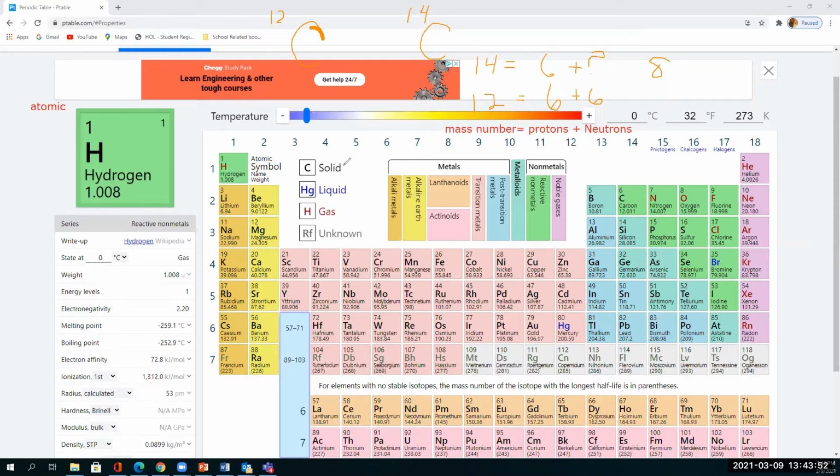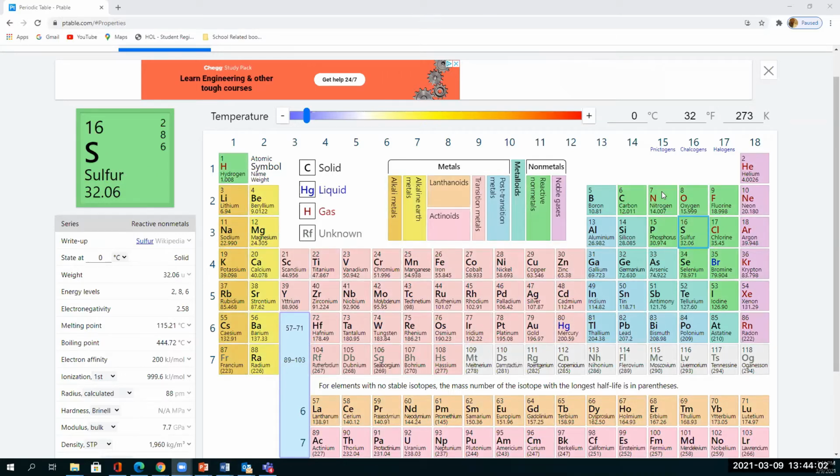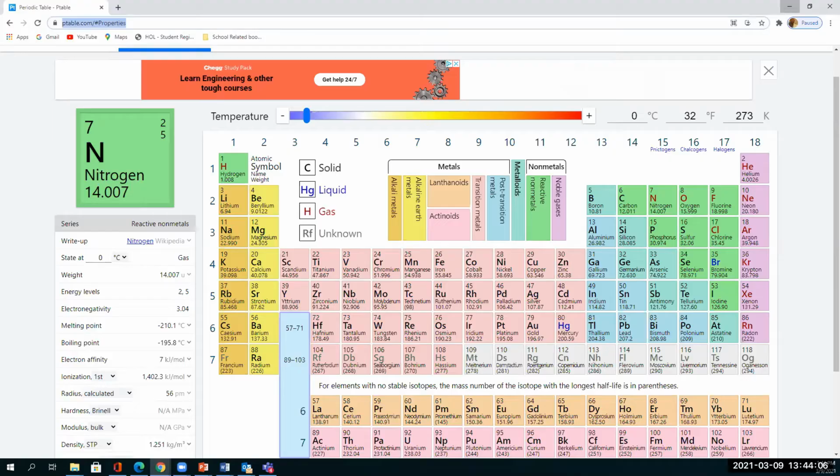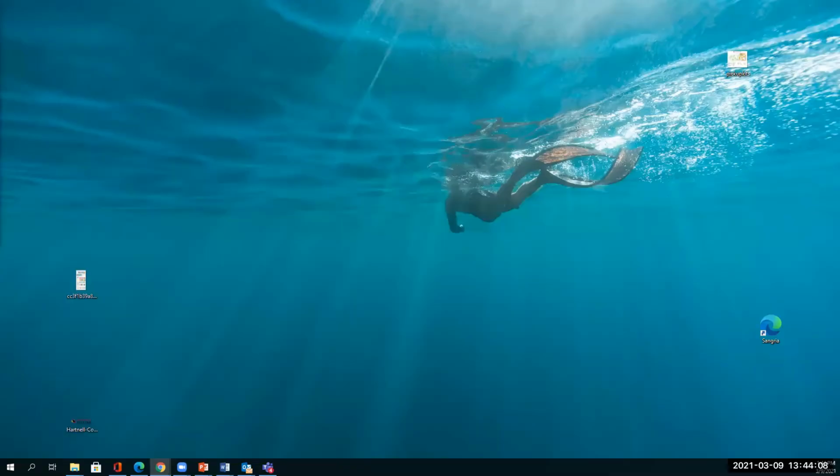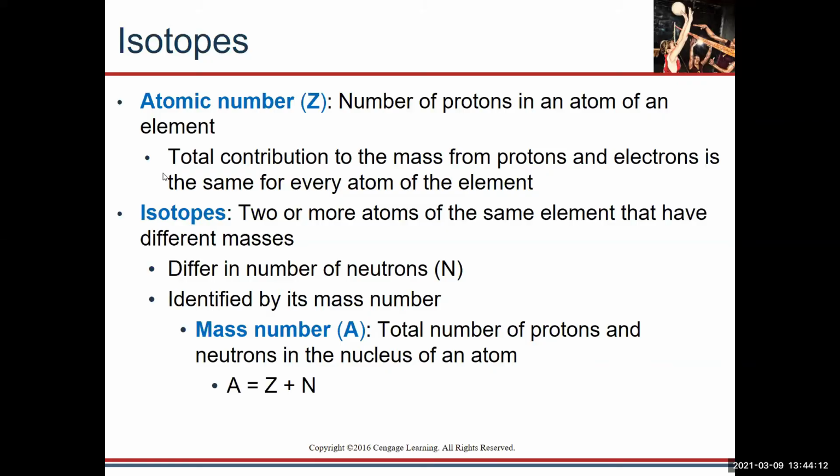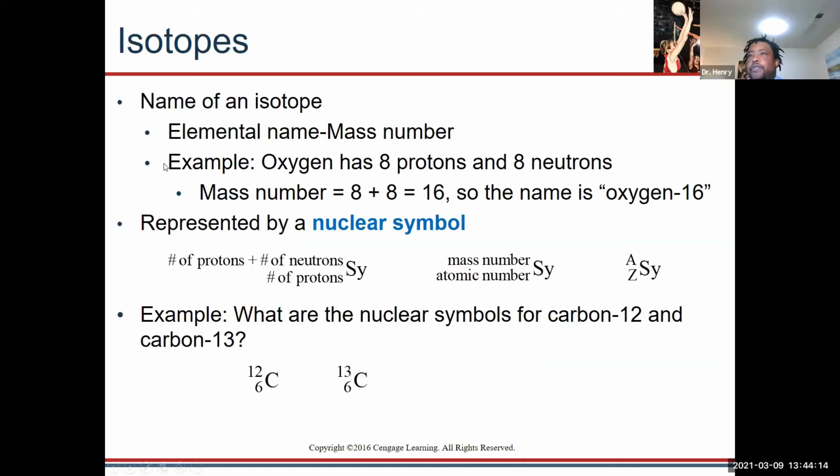Okay, so this is one of the common ways that we show isotopes.